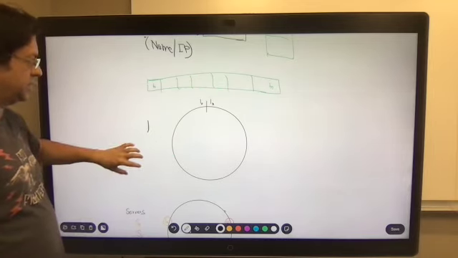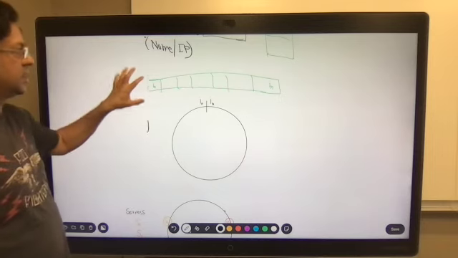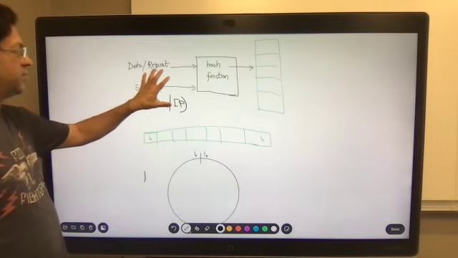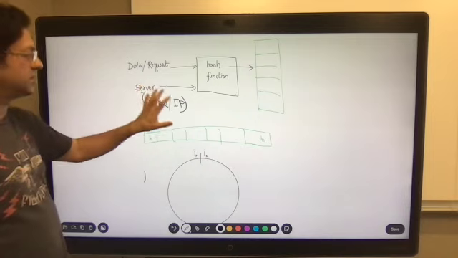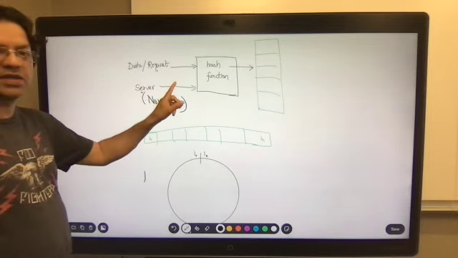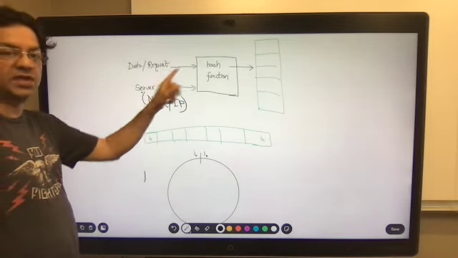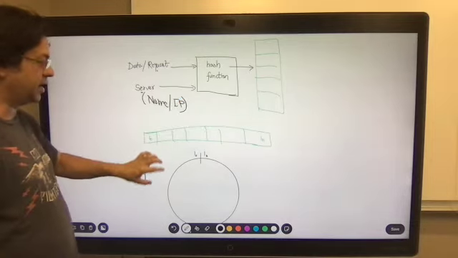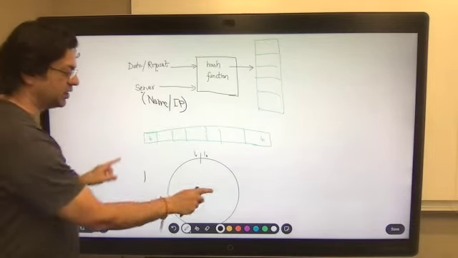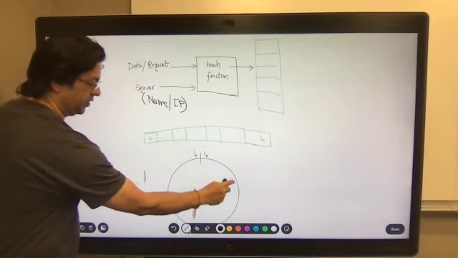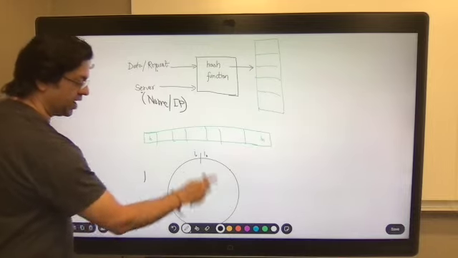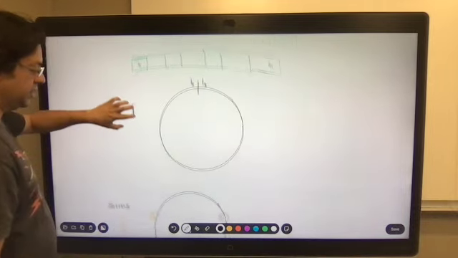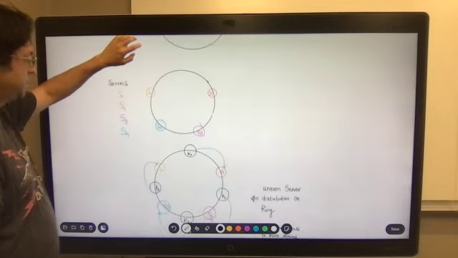Suppose we have all the requests coming, we have all the servers, and we apply the same hash function to both of them and represent all those values in this circular hash space. Then the situation would be like this.